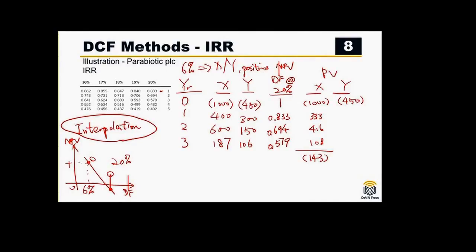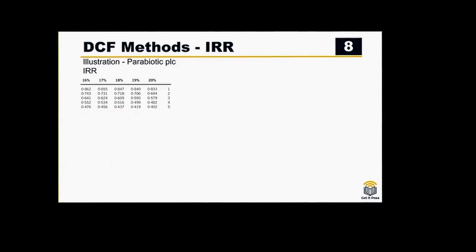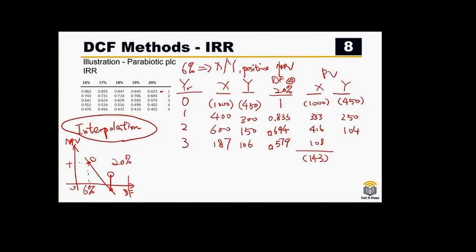For Y, $450, and then the first year is $250. The second year is $104, and then $61. Altogether it is minus $35. So we got X is minus 143 and Y is minus 35.